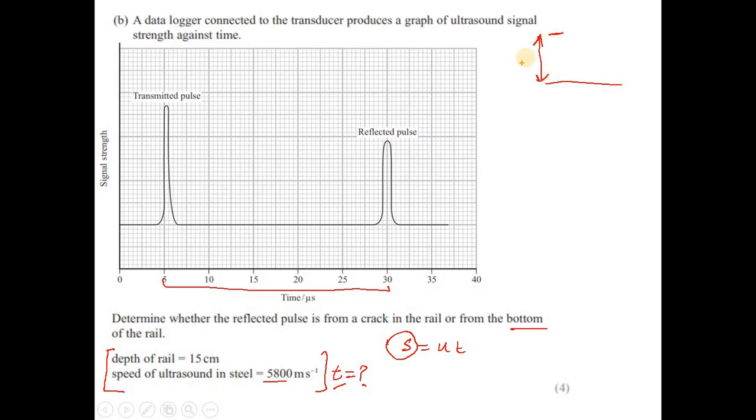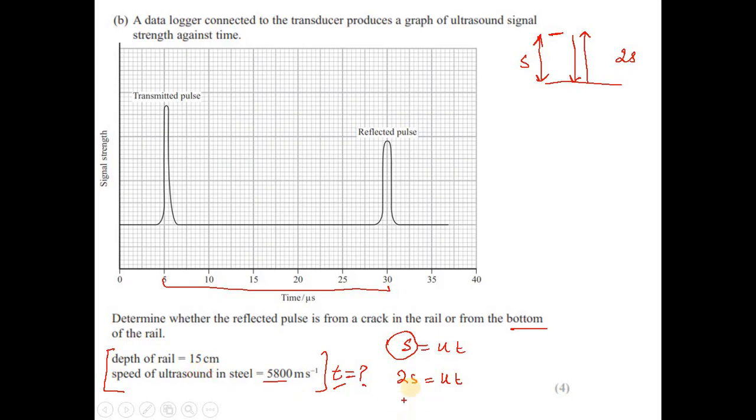If this is the distance between the top and the lower layer, the ultrasound goes in, covering distance S, and then comes back as an echo. So the total distance traveled is 2S. Don't forget to use 2S = ut. And this t is the time which is expected for the depth of 15 centimeters.